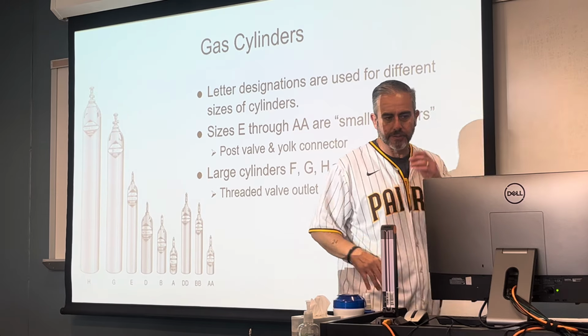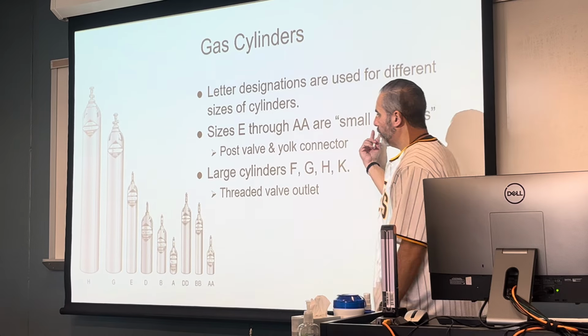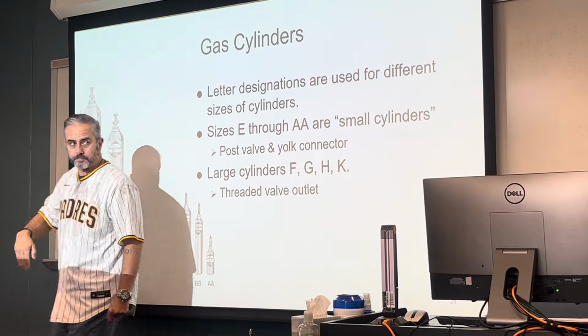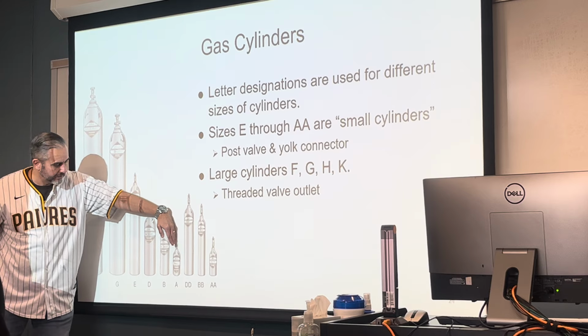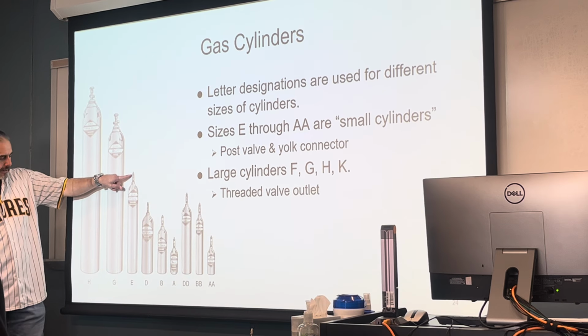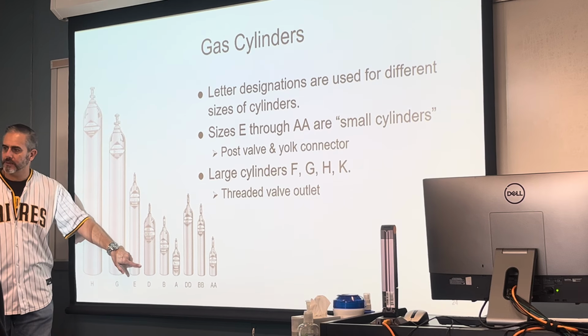So it's a catch-22. Sizes E through AA are considered small cylinders, so the E cylinder is here, and anything to the right of that is considered small. Even though the picture may appear large, that's what you're going to see in the hospital.